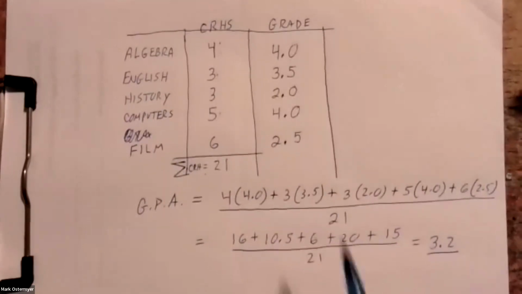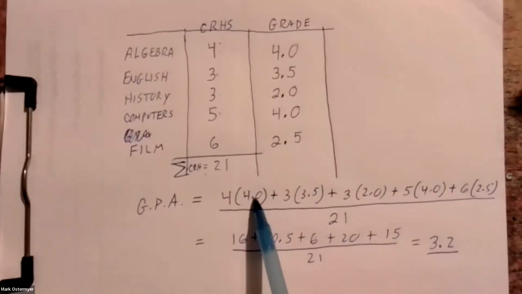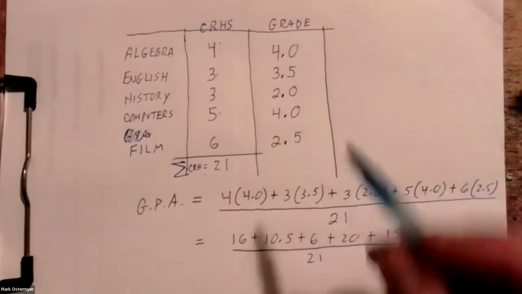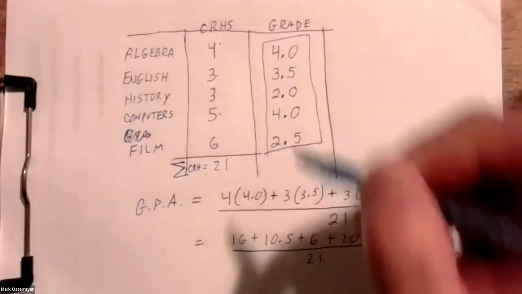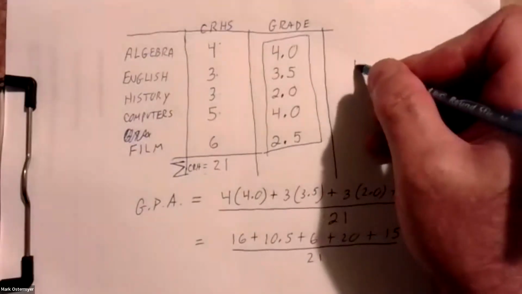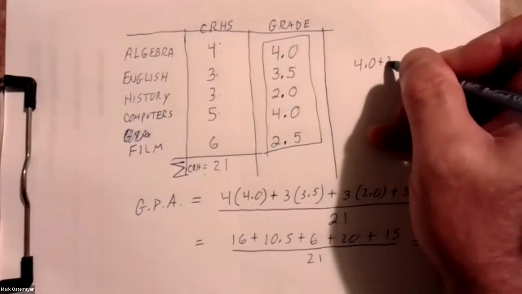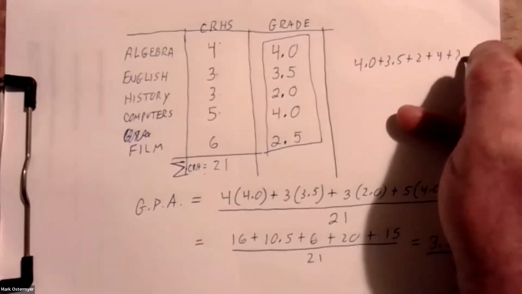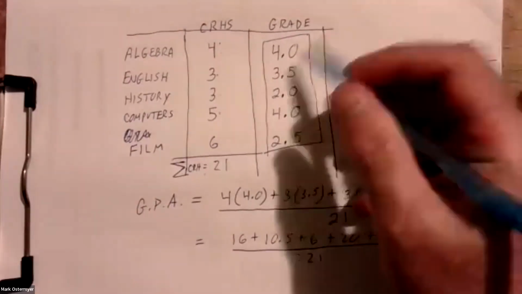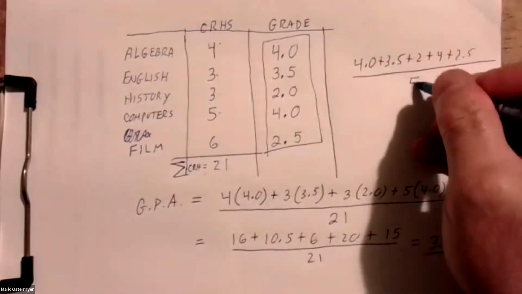Now, it is a weighted average because in front of these grades that were obtained in the courses, you have different weights, which are the credit hours. But if I just wanted you to find the average of these grades, the unweighted average, then you know what we would do? We would just add all these grades up and divide by what? Divide by 5.